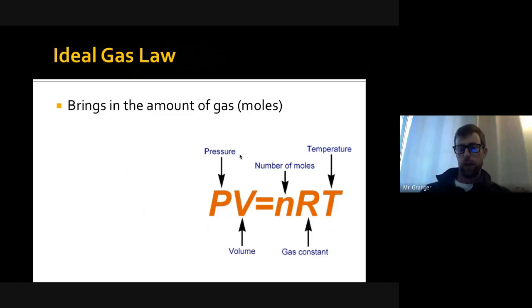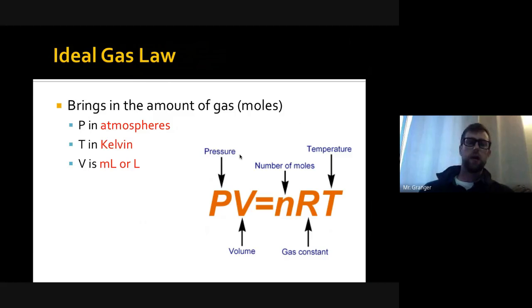So we have pressure and volume multiplied together is going to equal the number of moles times the gas law constant R times temperature, which is going to be in Kelvin units. P needs to be in atmospheres for our R value. T needs to be in Kelvin for temperature. And then V is either going to be in milliliters or liters.